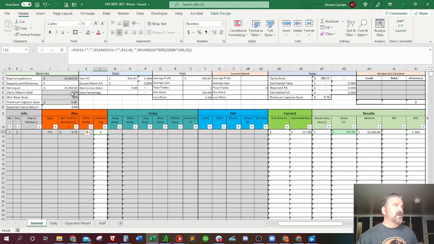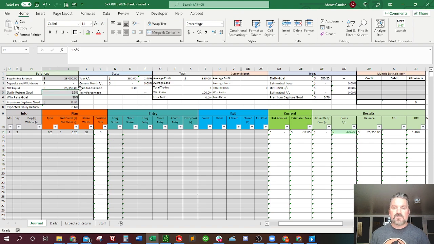Well, the reason I chose 1.5% is because empirical data, looking at all my trades in the past, I can achieve 1.5% 80% of the time. In other words, 8 out of 10 days, I'm able to get to 1.5%.